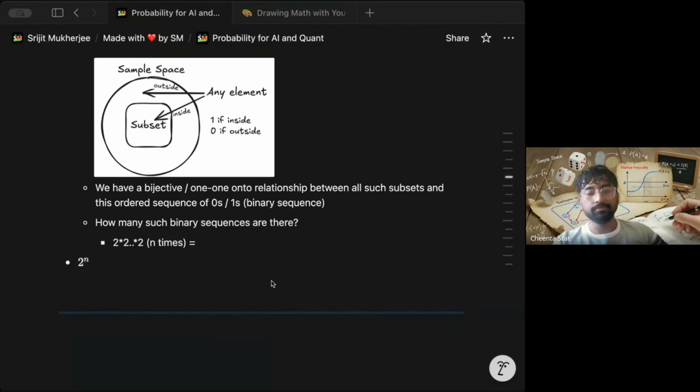So let's take an example. A is equal to {1, 2}, B is equal to {4, 5}, and the rest is outside. So how do you code it? Since 1 is inside A and 2 is in A, and the third element, 3, is outside, so it will be 0.